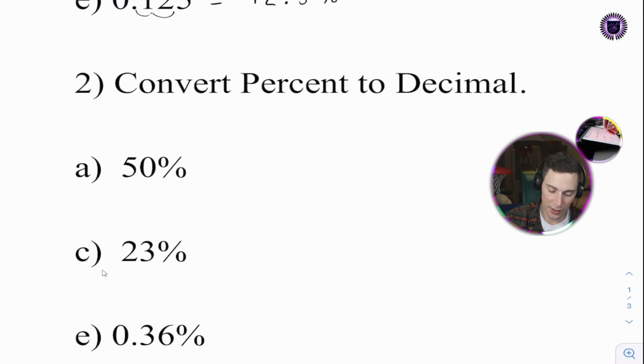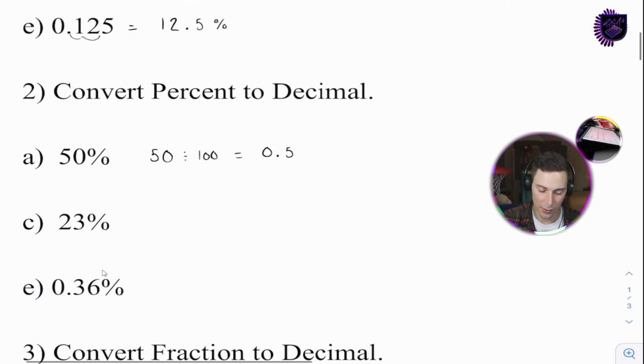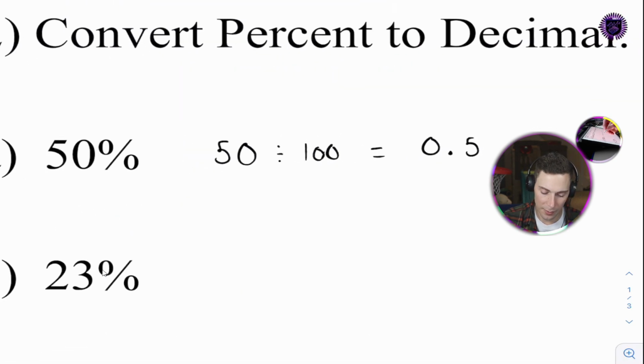So 50% is going to be equivalent to 50 divided by 100. And this is going to equal 0.5. That's our answer, 0.5. So again, our decimal starts here and it moves over 2 places.